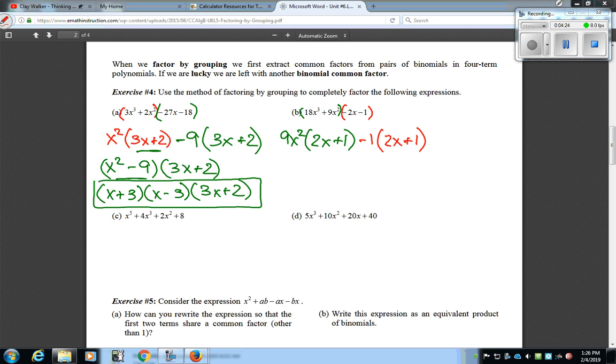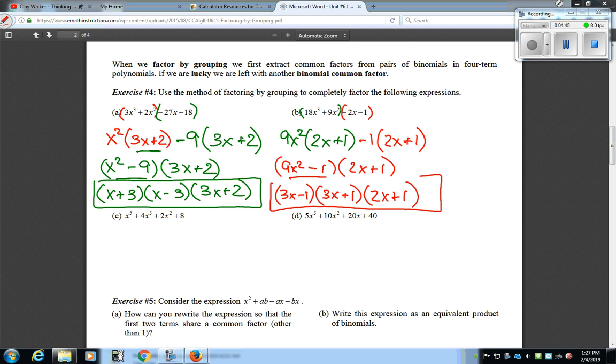So if I rearrange this, I get 9x squared minus 1, and then 2x plus 1. But again, I have a difference of perfect squares here, which would be 3x minus 1 and 3x plus 1. And then we have the 2x plus 1. So that would be our completely factored form for this question.